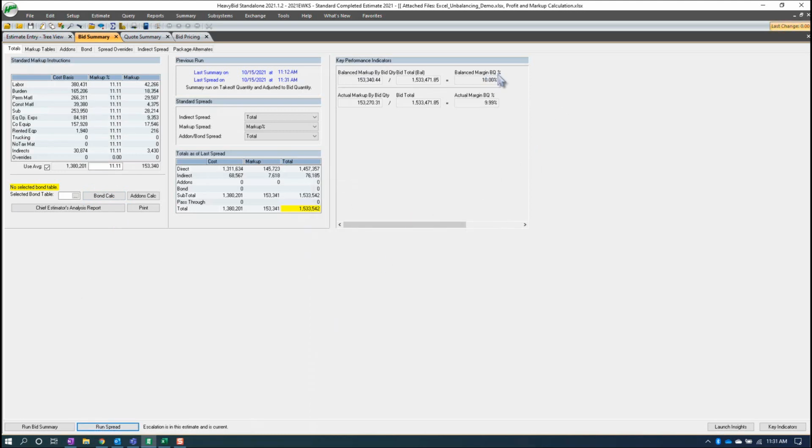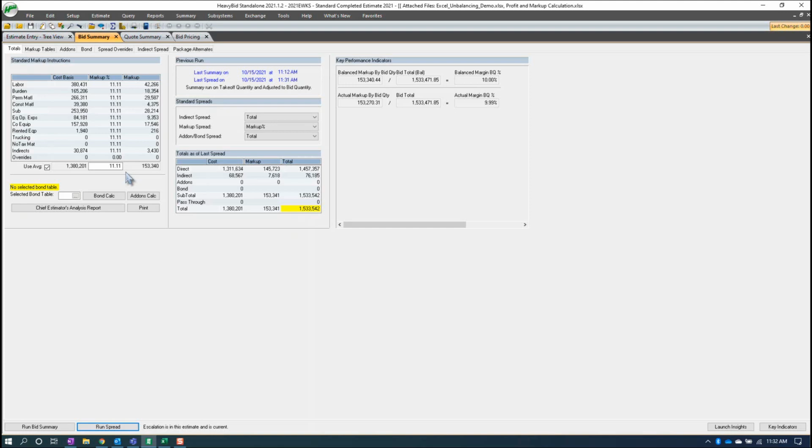On the right-hand side, I see that I'm at 10%. Just due to the penny round-off and difference between my balance and actual, I'm at 9.99%. So again, not totally clear here, but this is one way of doing margin: just using the equivalent markup percentage here.